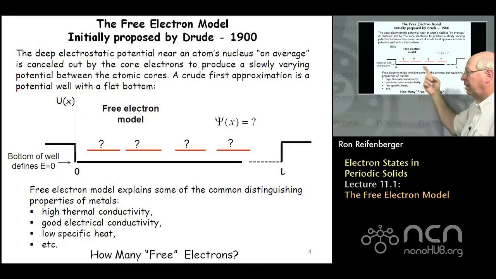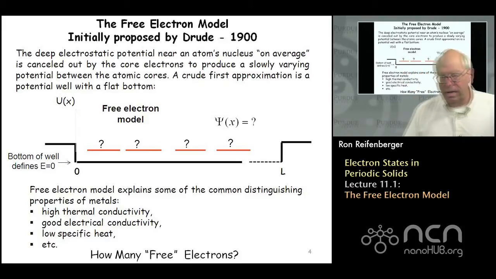The length of the potential well is given by the parameter capital L. The atomic electron states now become delocalized over this well, and the question simply is, what is the nature of these energy states in this well?